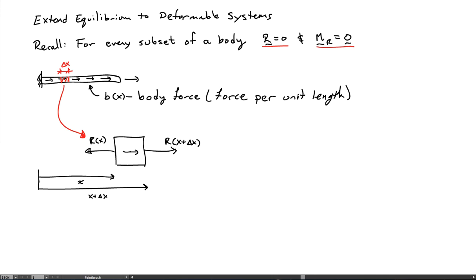So it'll be located at a position x and have a length delta x. If I draw the free body diagram for the bar, on the left side I have the internal force r of x, and on the right side I have the internal force r of x plus delta x acting. And then in the middle there's this body force acting onto the system.